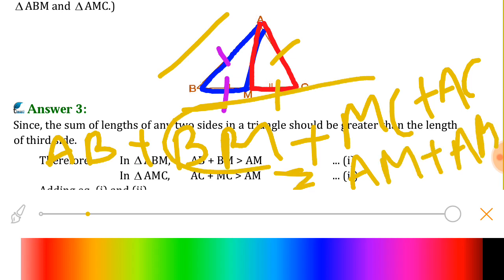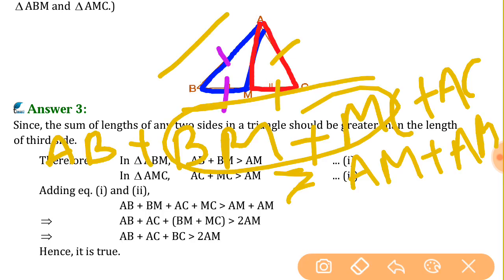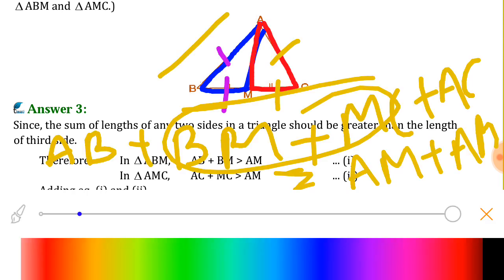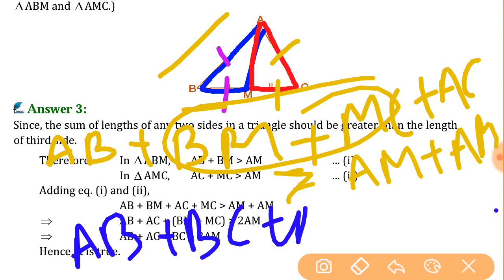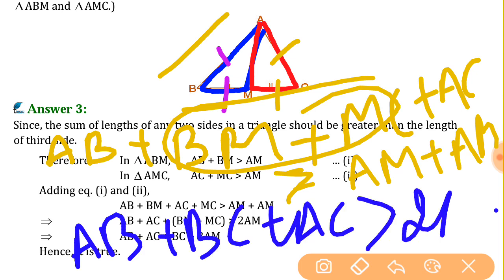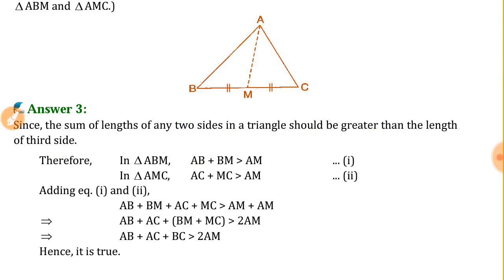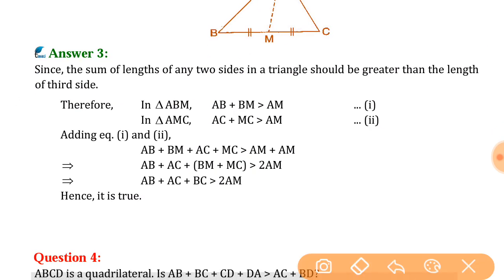See, BM and MC together are nothing but BC. Then AB plus BC plus AC is greater than 2AM. Is it true? Yes, by the calculation, it is true.